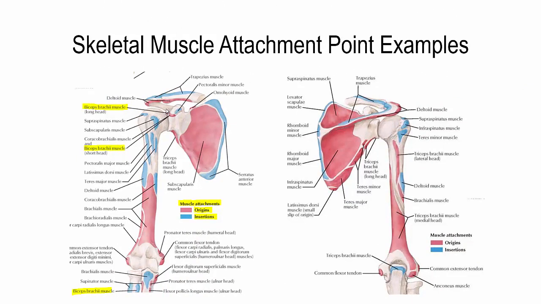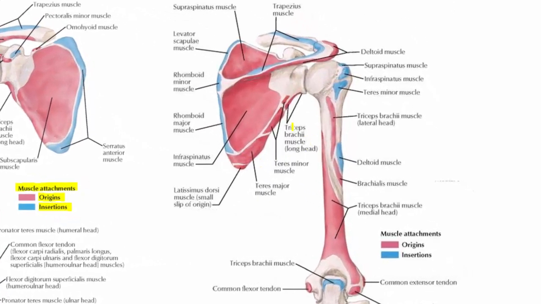We can do the same thing. Maybe you know the triceps brachii, that is the fleshy posterior upper arm muscle, and that muscle also has origin and insertion. So let's take a look at the illustration on the right. Remember red is origin, so we see the origin of the triceps brachii muscle up here on the scapula.